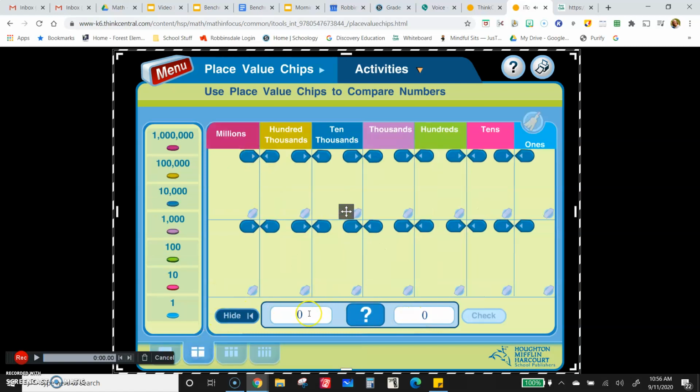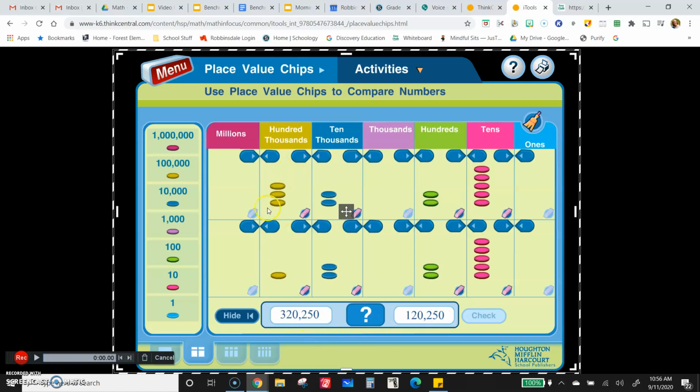Let's do some with 100,000s now. So if I have 320,250, look, typed it in right. And now here's my next number. All right, so 320,250 compared to 120,250.